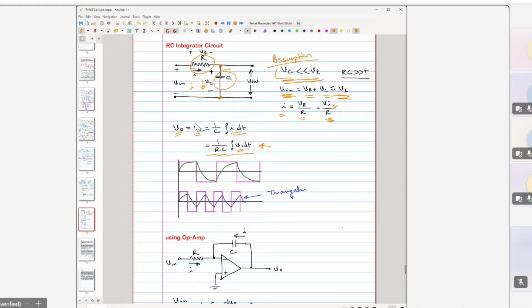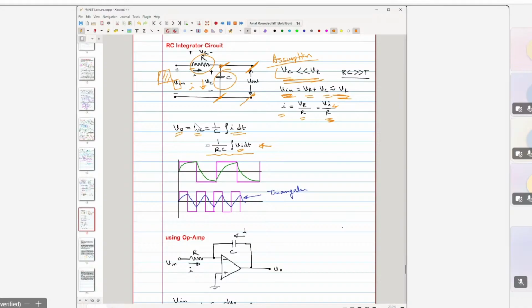So what do you expect from an integrator? If you give a square wave, then you expect the output to be a triangular one. But if the time period of the signal is quite high compared to the RC time constant, then what actually happens is that when you turn the signal to the positive direction, this capacitor starts building up charge, and the potential drop across this cap is nothing but the output voltage.